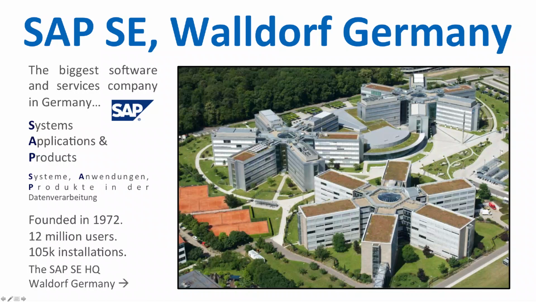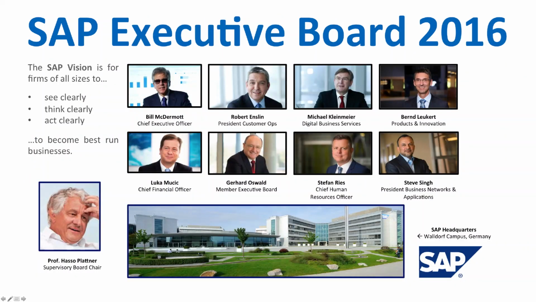Founded in 1972, it stands for Systems, Applications and Products, or more specifically Systeme, Anwendungen, Produkte in der Datenverarbeitung, etc. So that's what it's actually called in German. This is the executive board, led by Bill McDermott, and Bill McDermott is their chief executive officer.